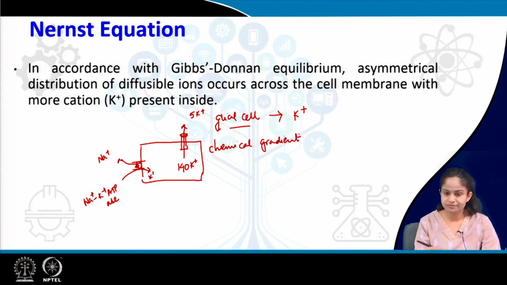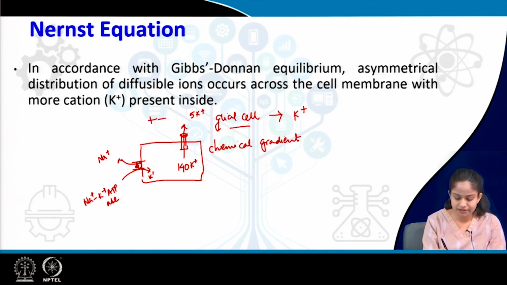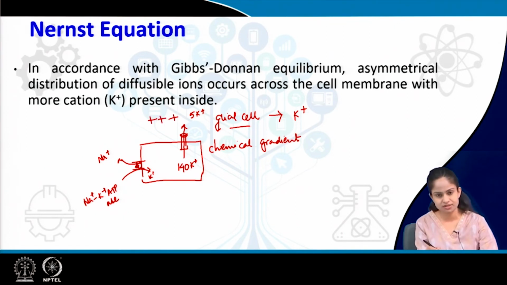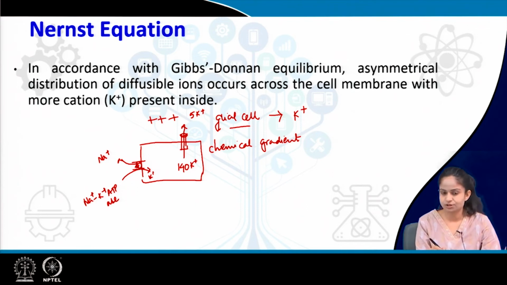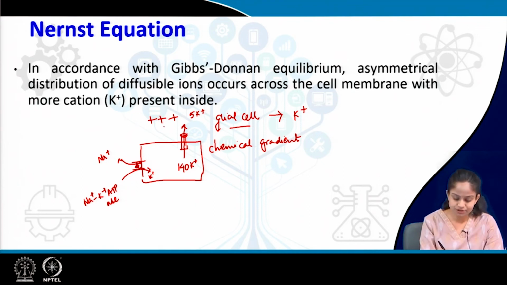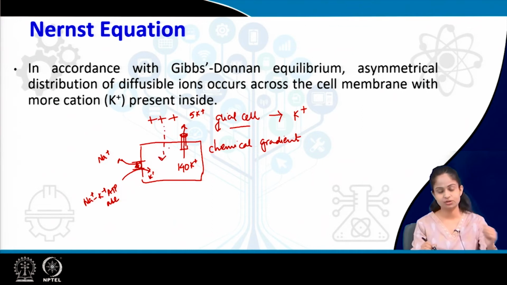And when the potassium is going outside to the extracellular fluid, there is also accumulation of positive charges. Now, these positive charges will cause the potassium to go back into the intracellular fluid. That means the positive charges will hinder, or oppose, the flow of the potassium ions from inside to outside.